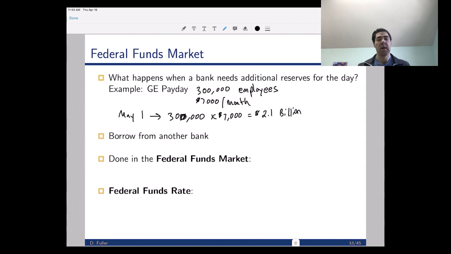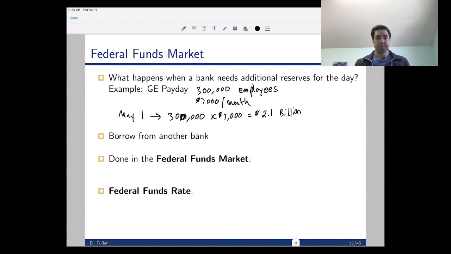to its employees. And so what's going to happen? Well, GE is going to take their bank account, their transaction account, their checking account, and they're going to do an interbank transfer, direct deposit, to your bank or to the employees' banks, right? And so that's a lot of liquidity that GE needs on a particular day.